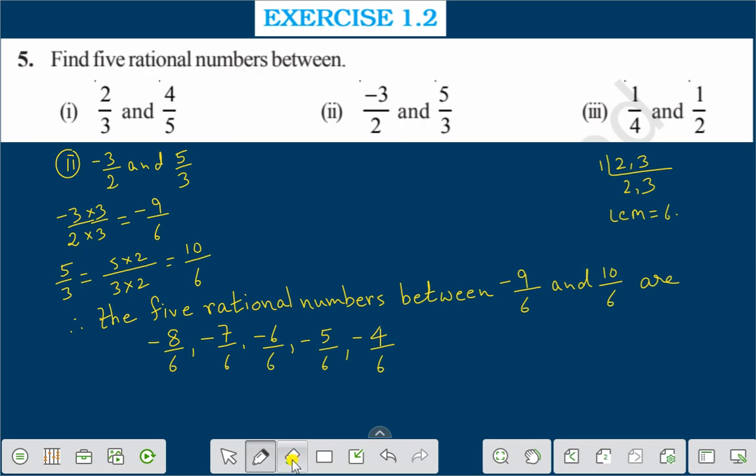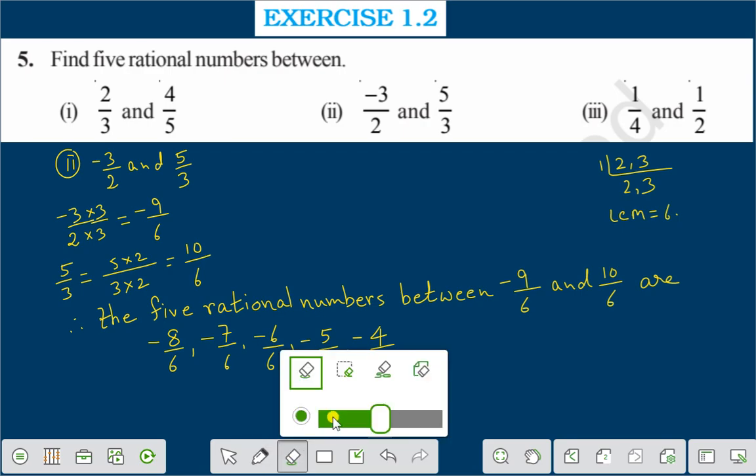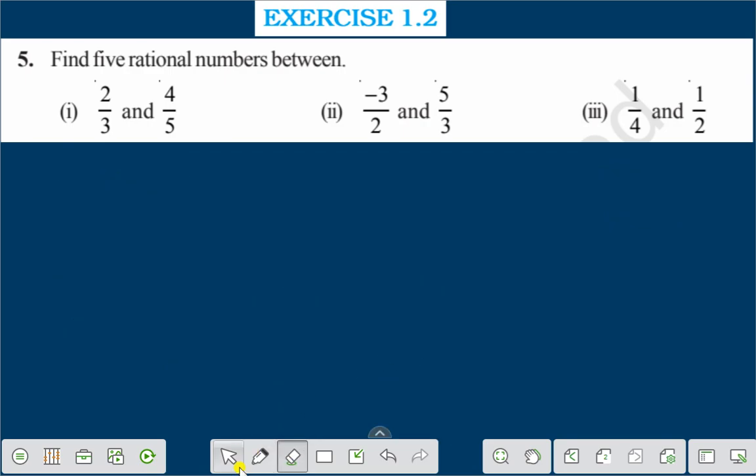Question number 3 here, you see, we will delete this one. We will solve question number 3. In question number 3, the numbers are 1 by 4 and 1 by 2.